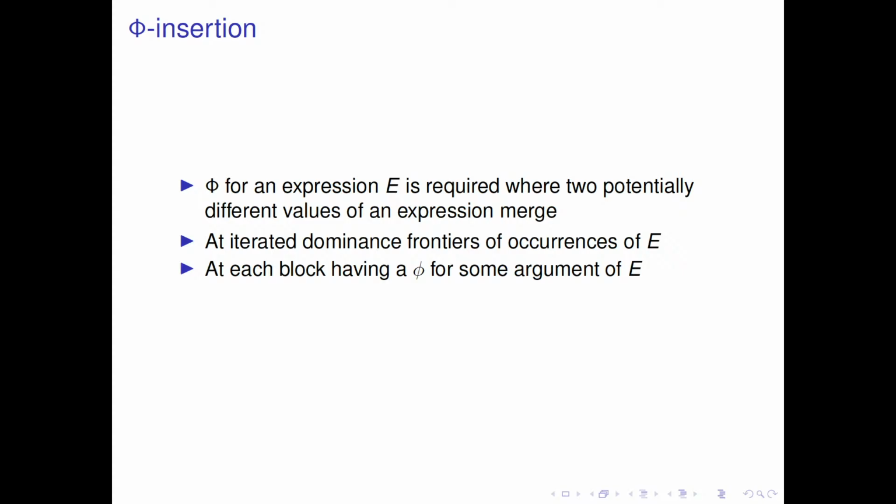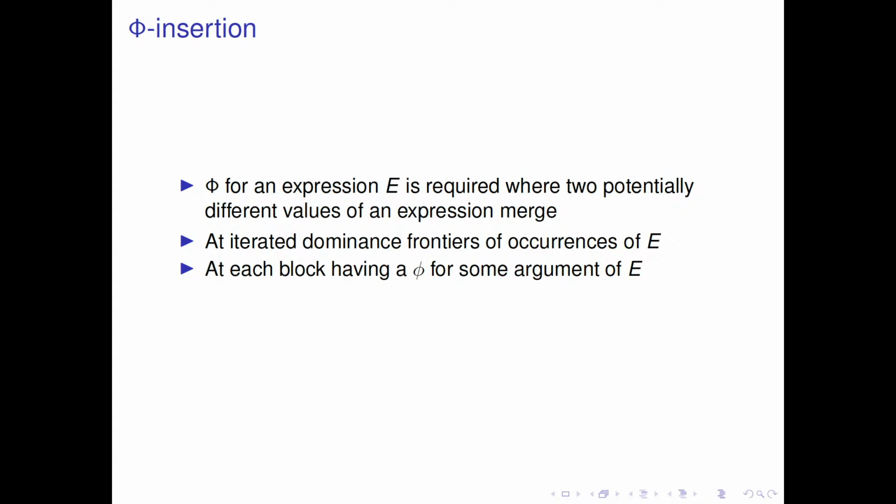Now it can happen that two different computations are really sending values, which is captured by the iterated dominance frontier. On the other hand, it is possible that an argument itself is changing, having two different values. So if the argument is changing, the value of E will change, which means I have to capture it using another Phi there.